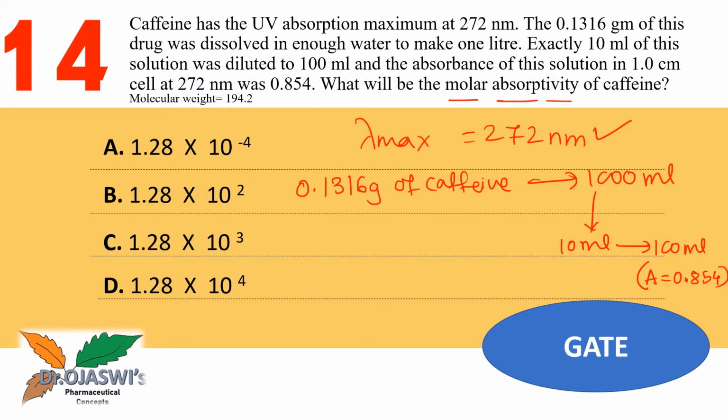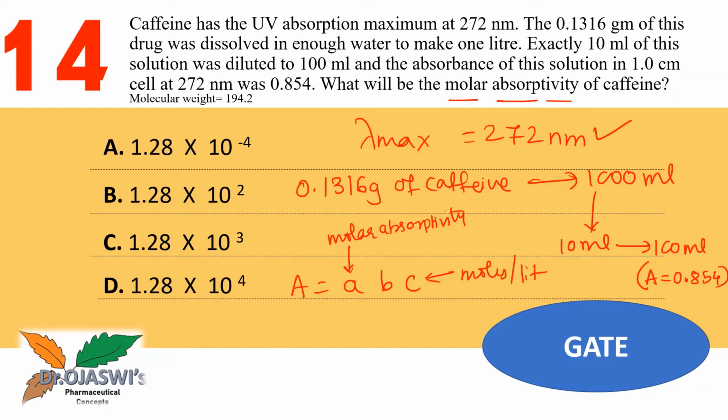To calculate molar absorptivity, we have A equals ABC. This is Beer's law equation, and this is the absorptivity. Since we have to calculate molar absorptivity, it is better that our concentration is in terms of moles per liter.